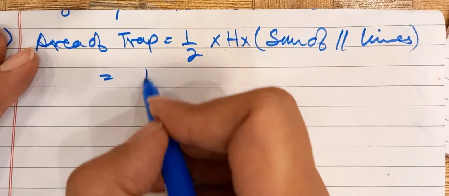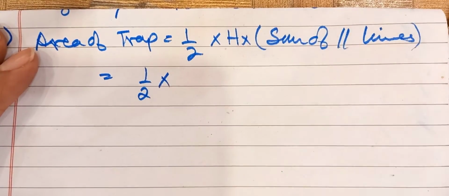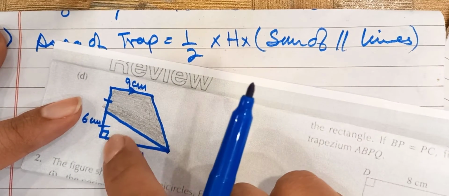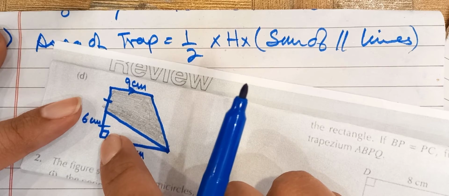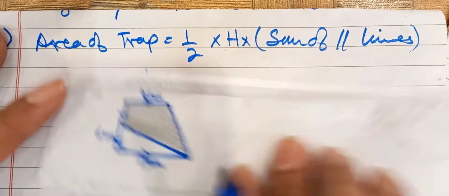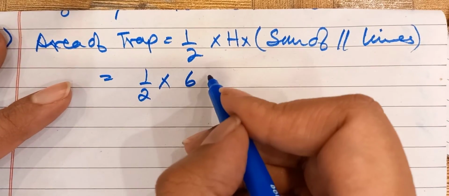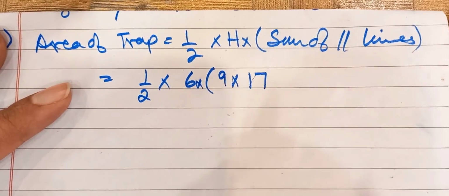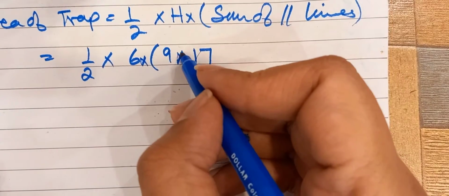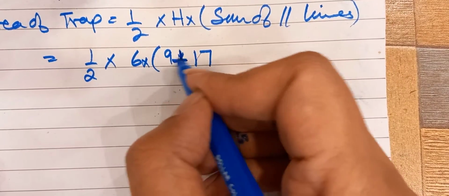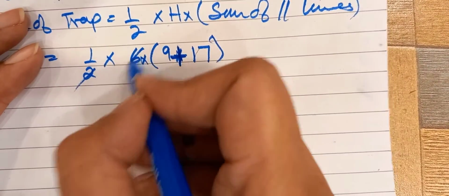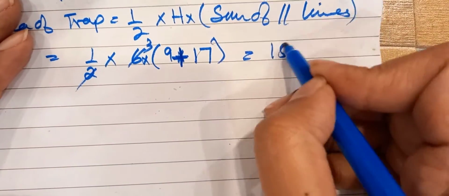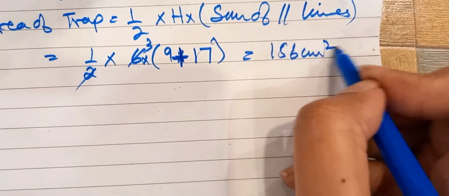So it's 1 by 2 into height, which is the perpendicular distance between these two parallel lines making a right angle on both sides, is 6, and the dimensions are 9 plus 17. So I'll do my maths and I will be left with the answer, which is 156 centimeters square.